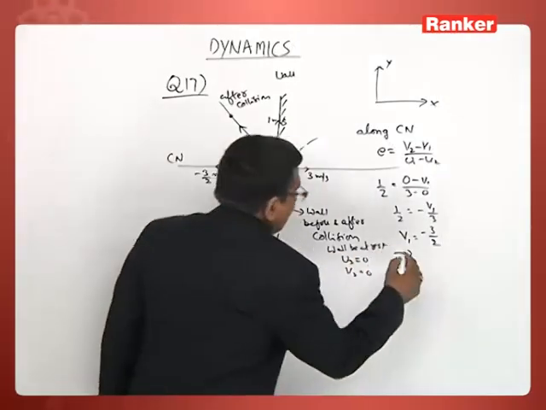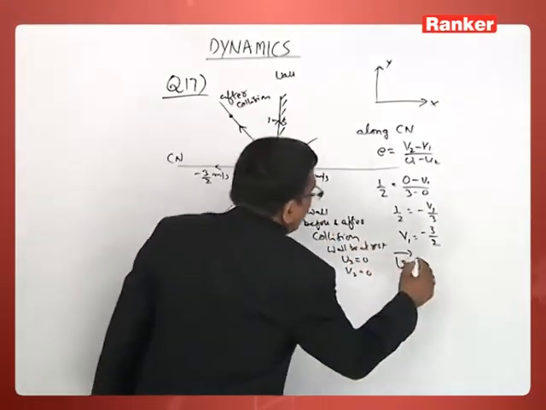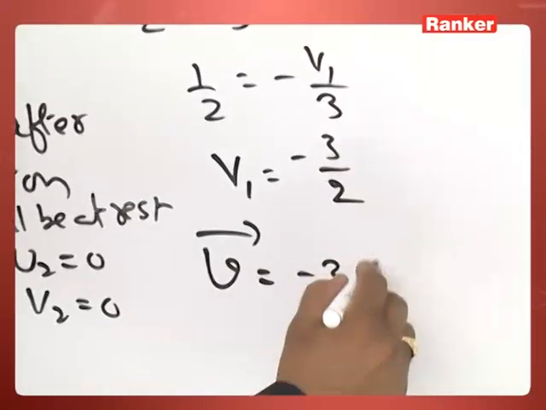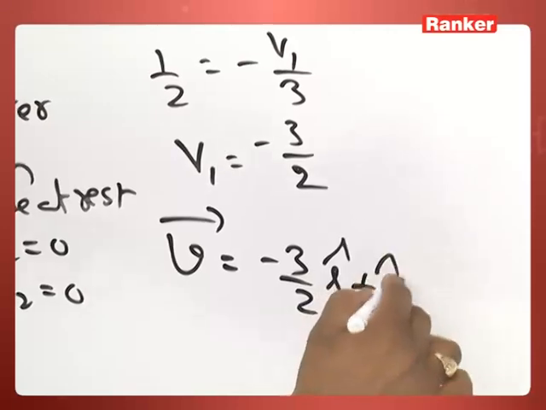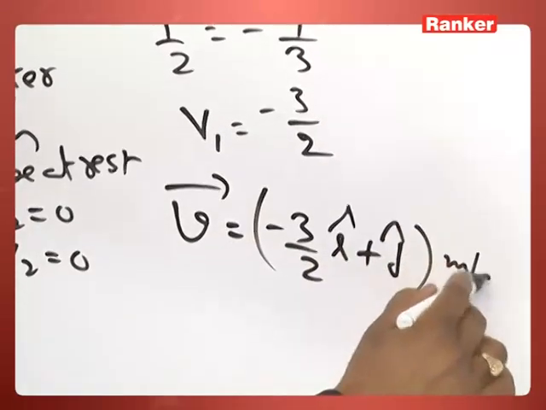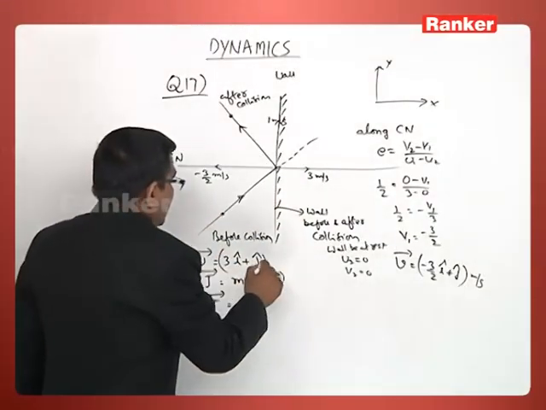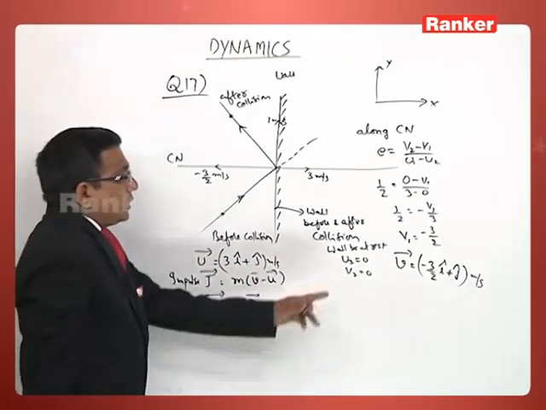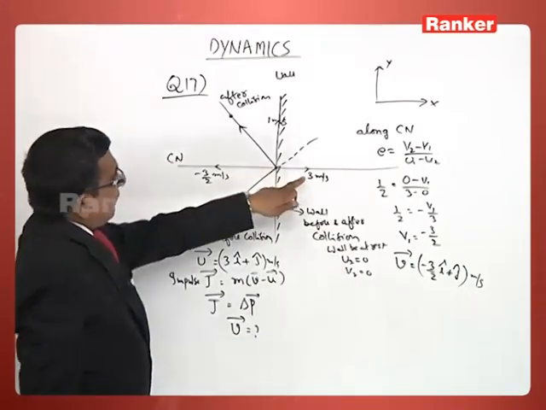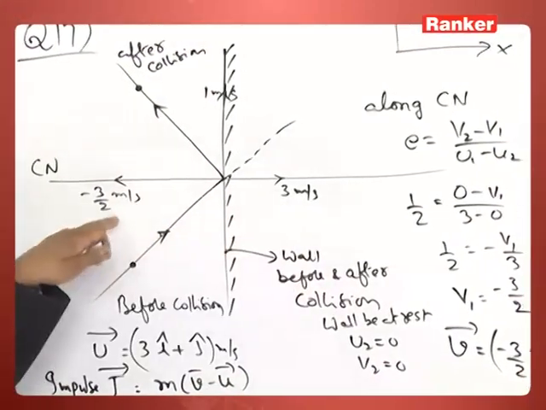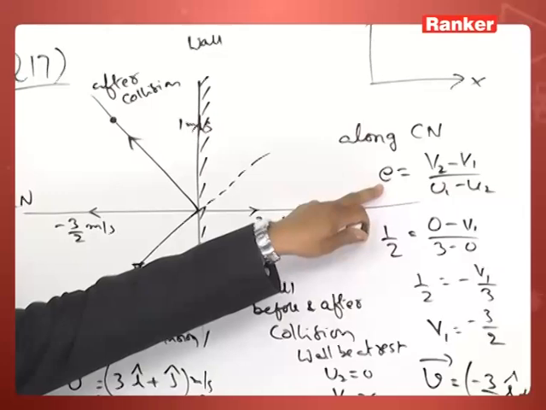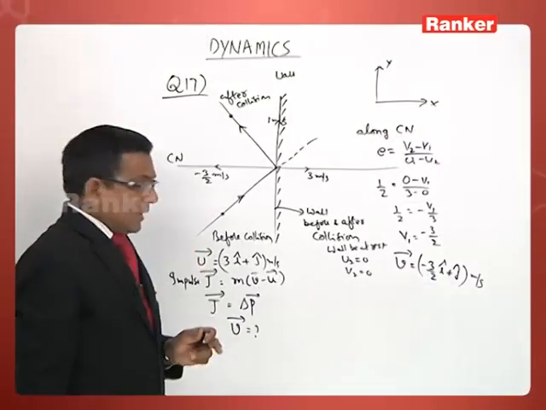Therefore, its velocity I can write as x component plus y component: minus 3 by 2 i cap plus j cap, as the y component remains the same, meters per second. And this is the initial velocity, meters per second. So only the x component of velocity is getting reversed, but the y component remains the same. This value can be obtained by using the value of e, the coefficient of restitution, as it is given.